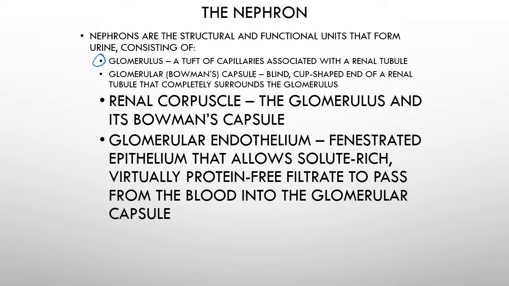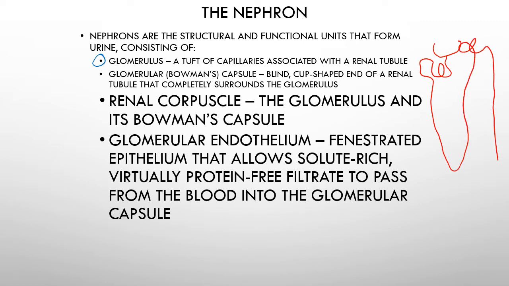And so if we were to draw a rough structure there, we have something like this for an individual nephron. Blood vessels come in. We have our afferents and our efferents going back out.